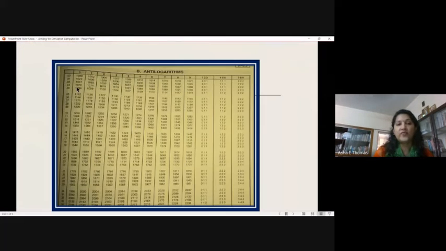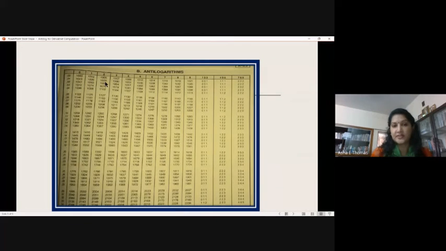So we are looking for that value here, 0.01, and then 2. So we are picking from 0.01, and we will be taking 2. I hope you're getting me. 0.01 and we are taking 2 here.